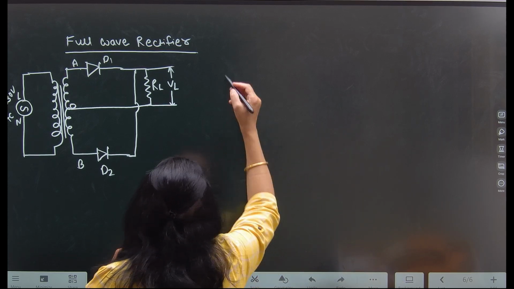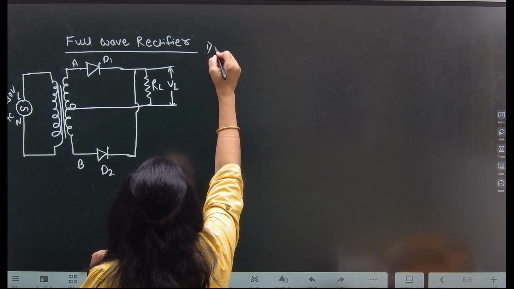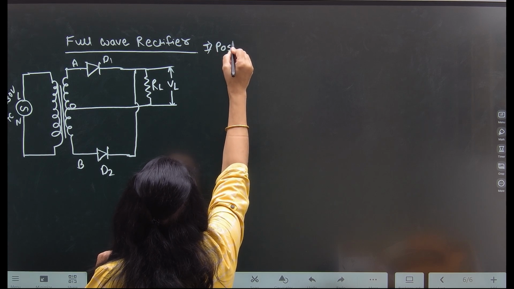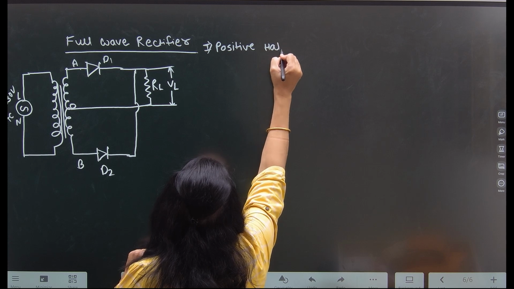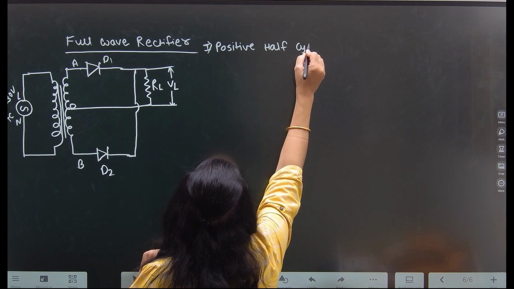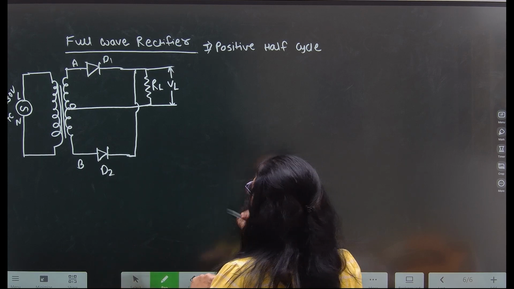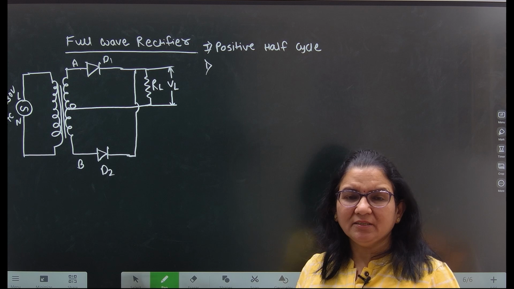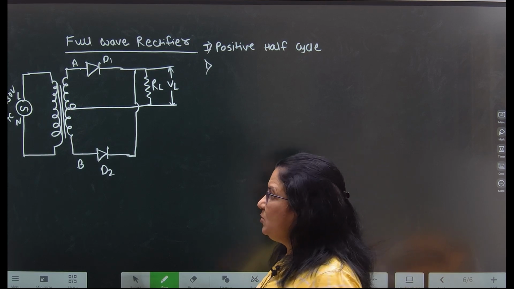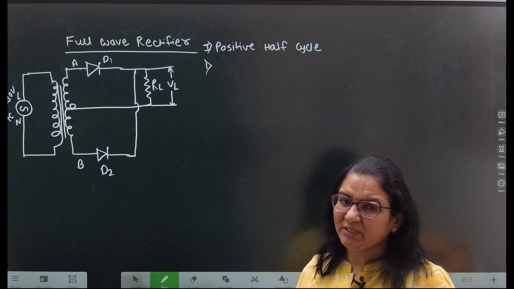Understand the working of a full wave rectifier. Again the working is divided into two parts, positive half cycle and negative half cycle. First, positive half cycle. Here also the input of the transformer is connected to 230 volt AC supply.